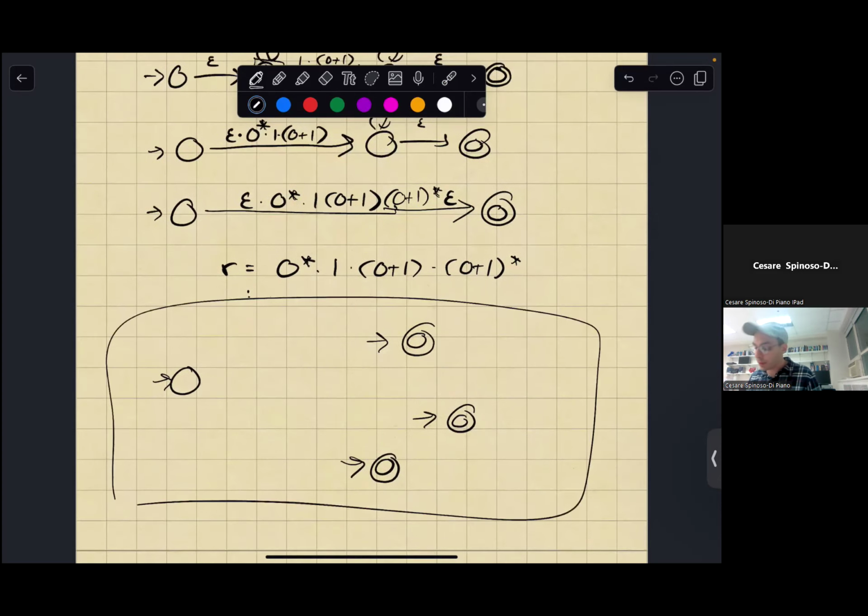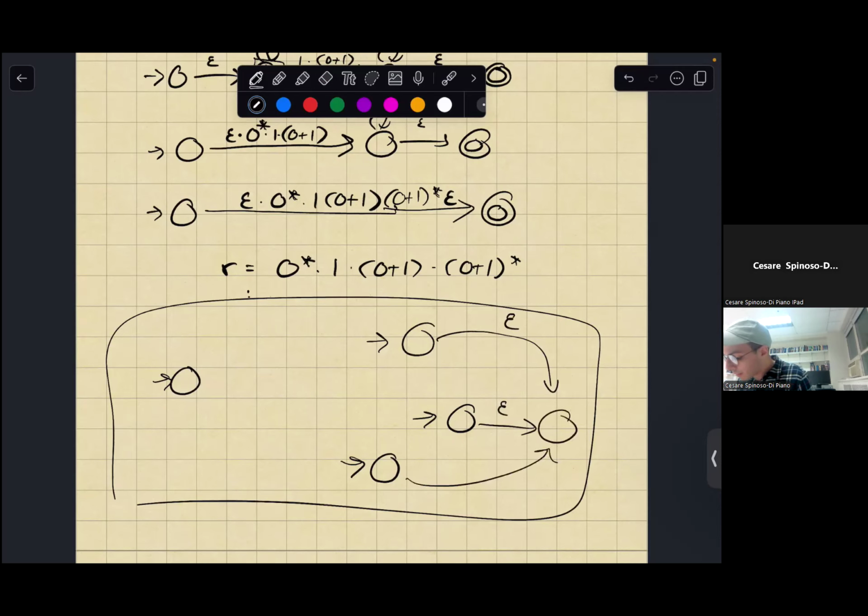If you have multiple accept states, make none of them accept states in a new GTG, and just add a new single accept state with epsilon transitions. Okay. So that's how you handle multiple accept states.